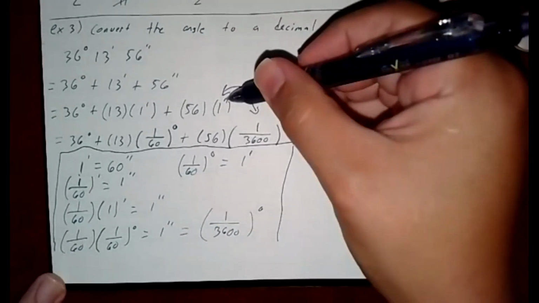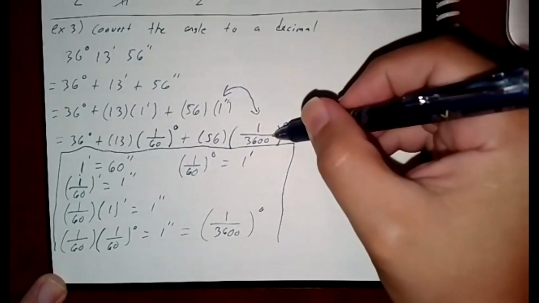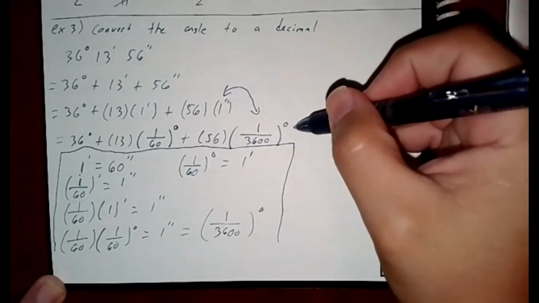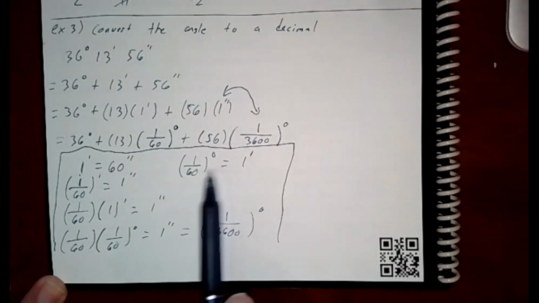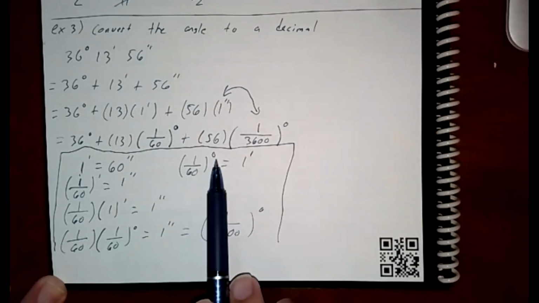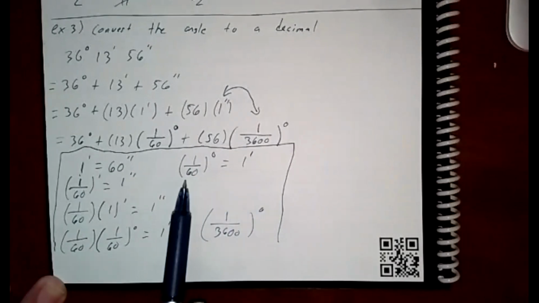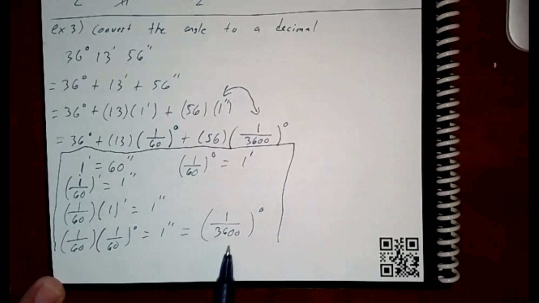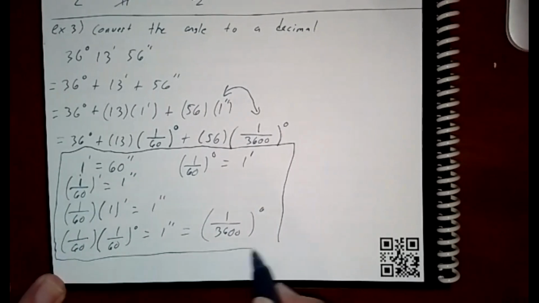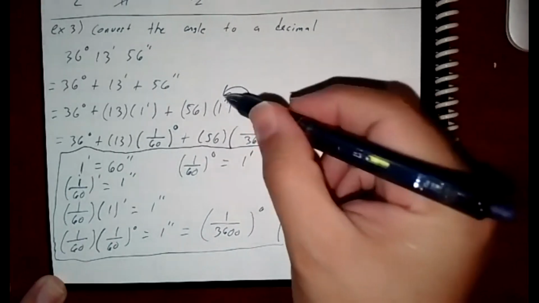That's why you can substitute 1 second for 1/3600 degrees. Because 1 minute is equal to 1/60th of a degree. So therefore, a second would be 1/60th of this, which is 3600. And if that bothers you, just remember, all you need to do is substitute this, okay?